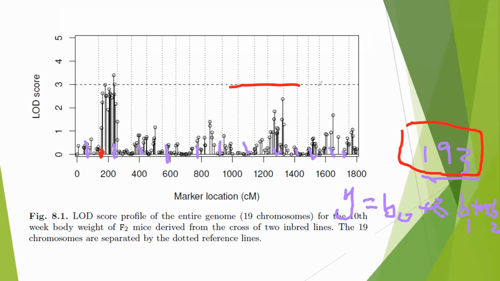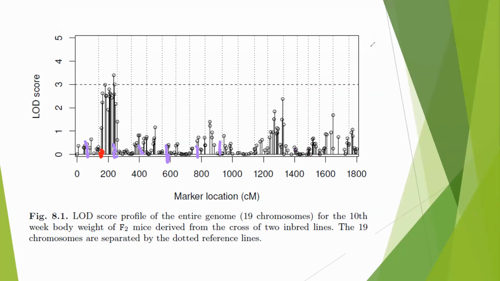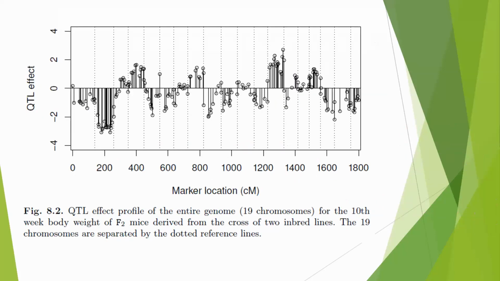Even if we have a marker here, if the real QTL is very close to this marker, then there's LD, a linkage, between the marker and the real QTL. We can leverage this linkage or LD to help us do the test and identify the real QTL in the genome. This is what we can do for genome scanning.